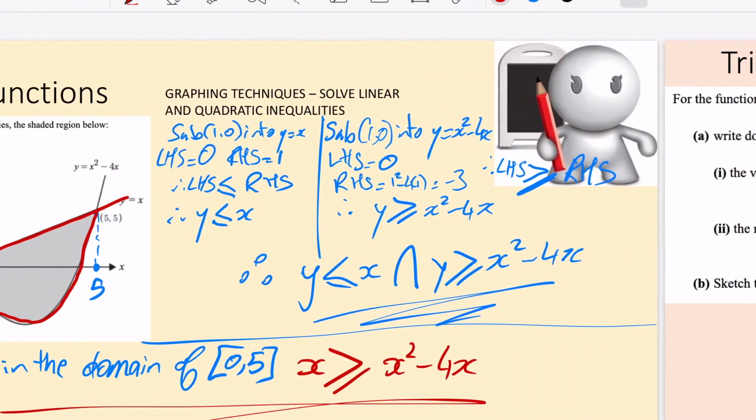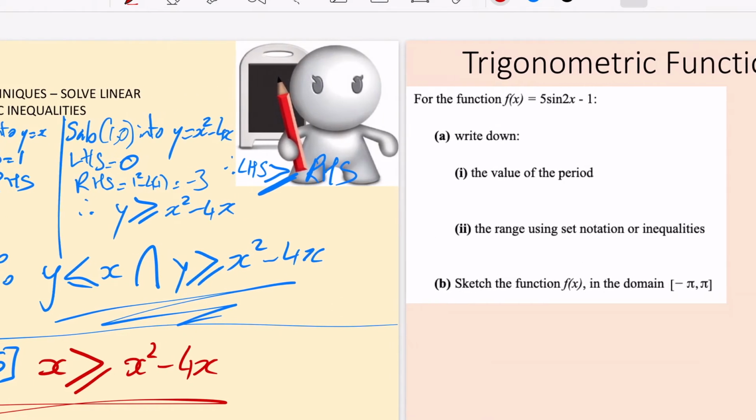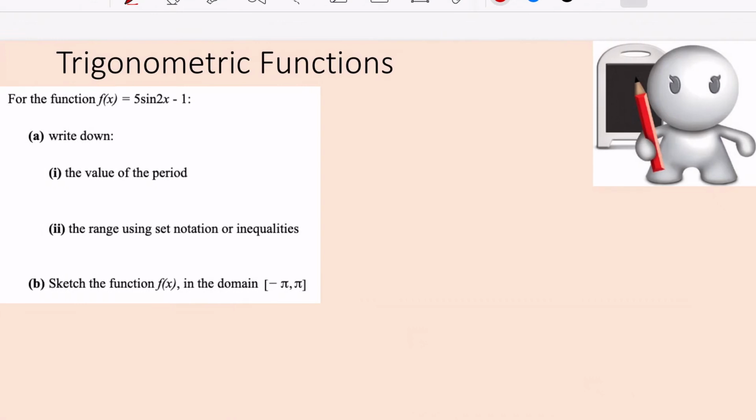Now, notice the theme change, the color change. So now we're moving from functions to trigonometric functions. We've been given this function, y equals 5 sine of 2x minus 1. And so we've got a sine function, and we have to write down the value of the period.